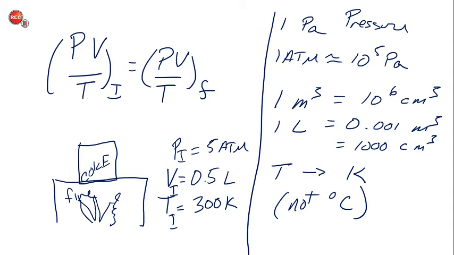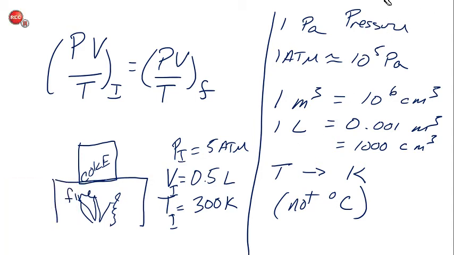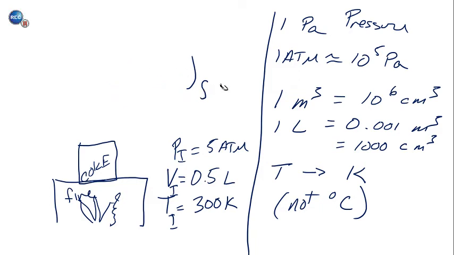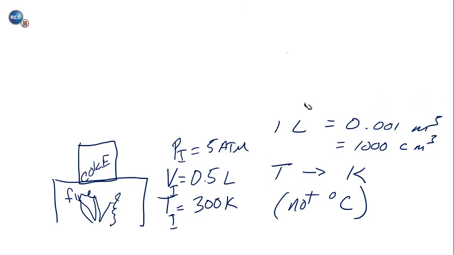So what I'm going to do is get the eraser out, and all this stuff I wrote over here I'm going to erase. I want to keep the rest of it. So we're going to convert all this stuff I wrote down, initial numbers, to their proper units.